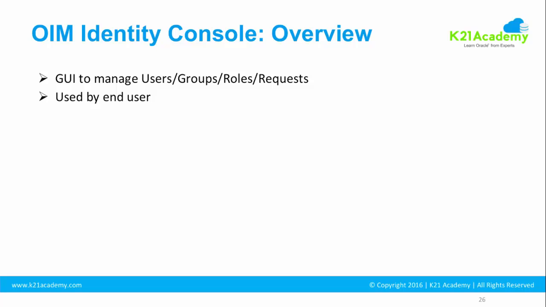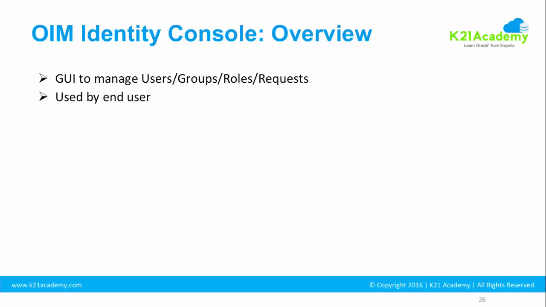And usually what you do is you customize the look and feel of this Oracle Identity Manager console specific to you, control who can see what, and you can change the look and feel from a branding point of view. How to customize the look and feel of identity console we are going to look at in later modules.